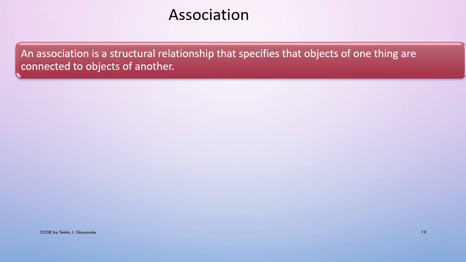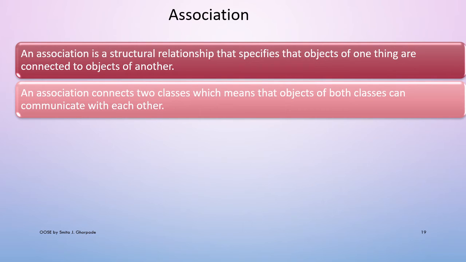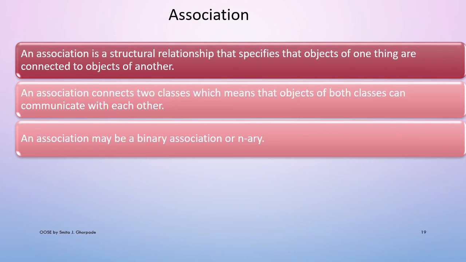Now the third kind of relationship is association, or a connection between elements. An association is a structural relationship that specifies that objects of one thing are connected to objects of another thing. An association connects two or more classes, which means objects of both the classes can communicate with each other.